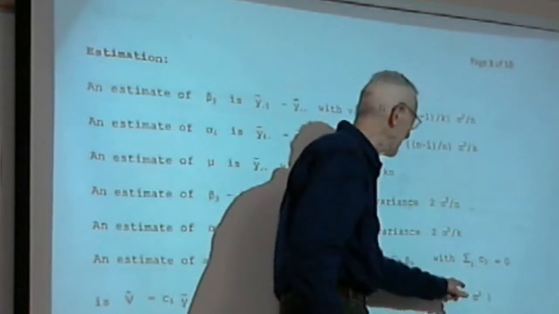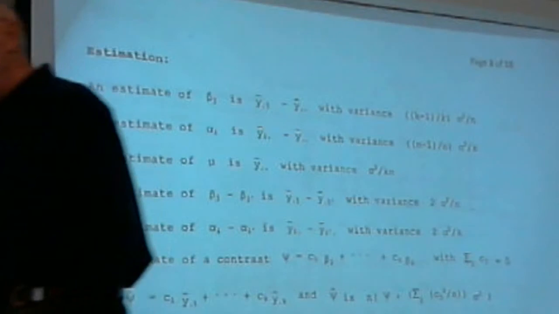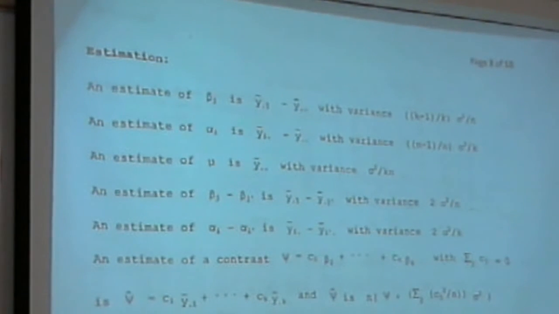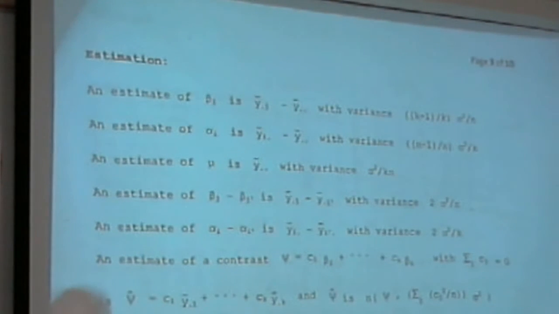I guess I could have written that variance formula in one other way, just the way it would have come out in writing that. It would have been something like this. We would have gotten the sum over j of Cj squared times sigma squared over n.